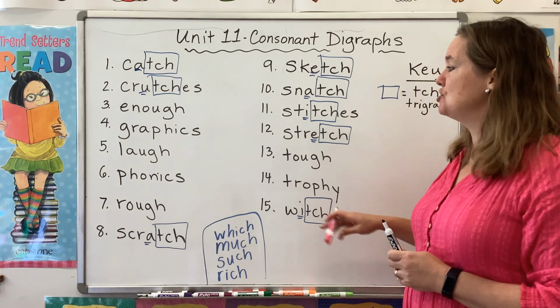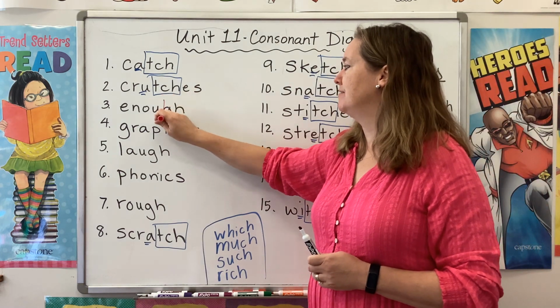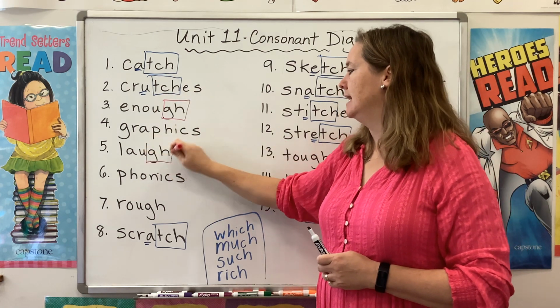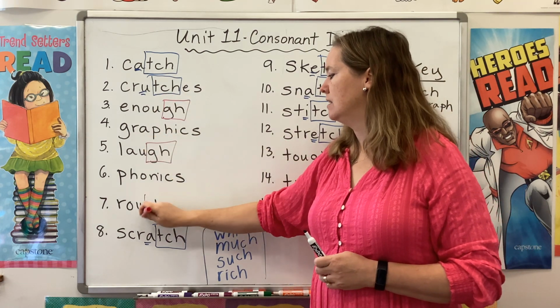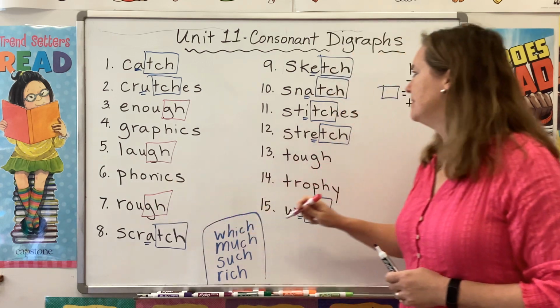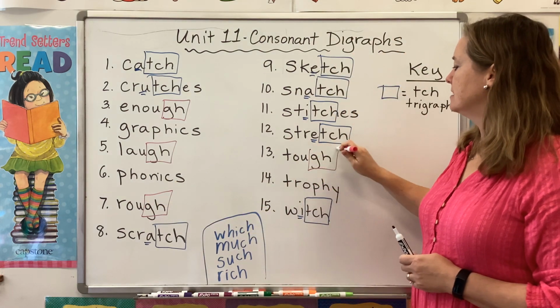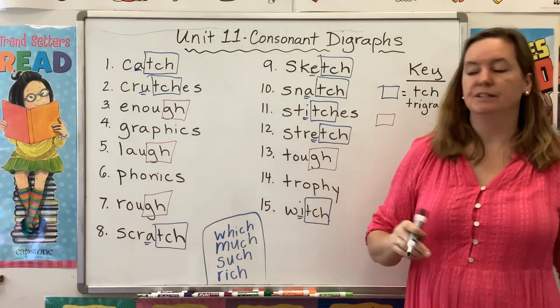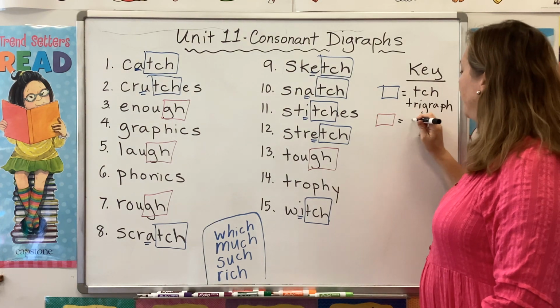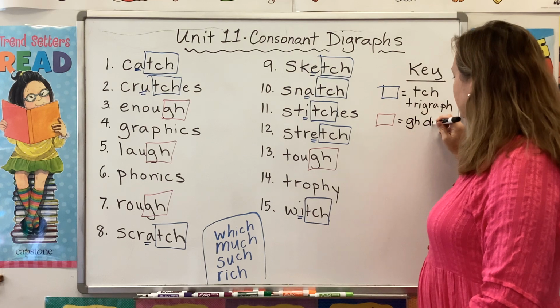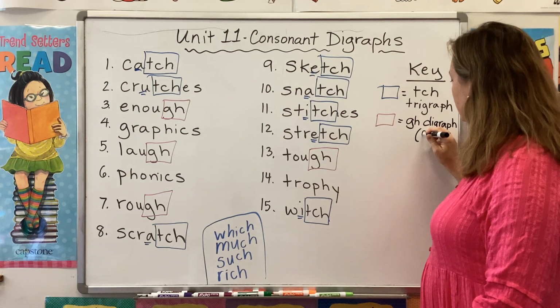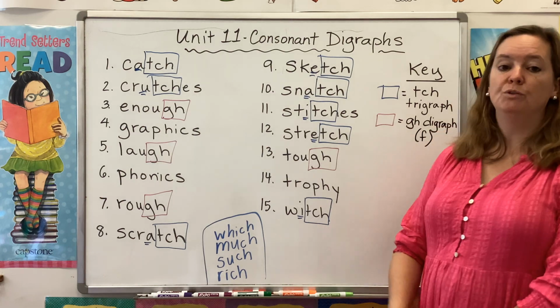Let's find GH at the end of enough, laugh, rough, and tough. In all of these words, we have the GH digraph, 2 letters coming together to make a whole new sound.